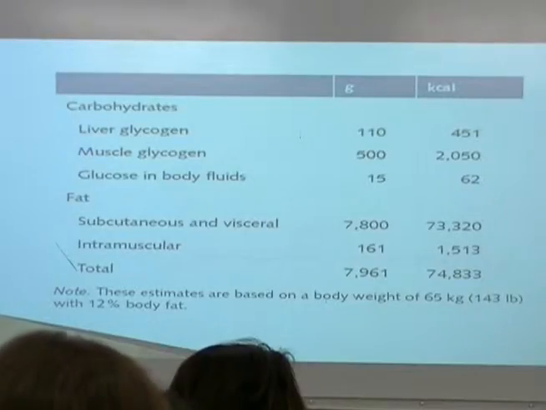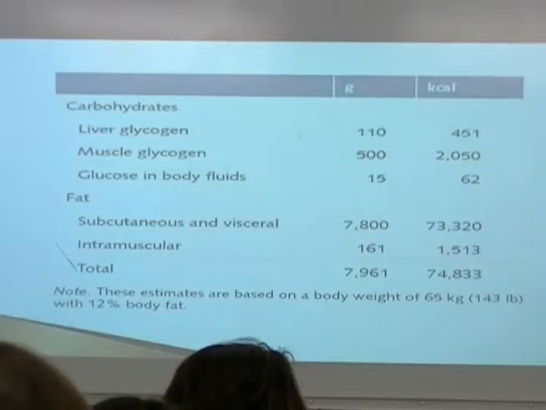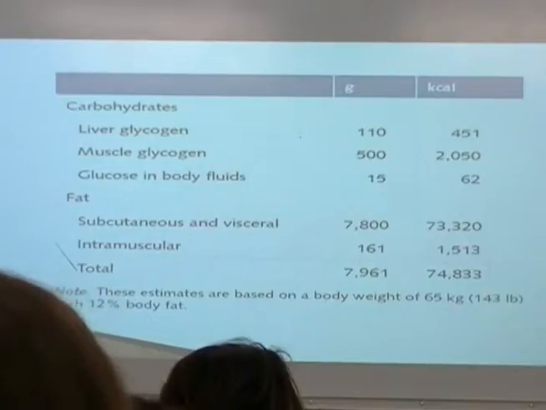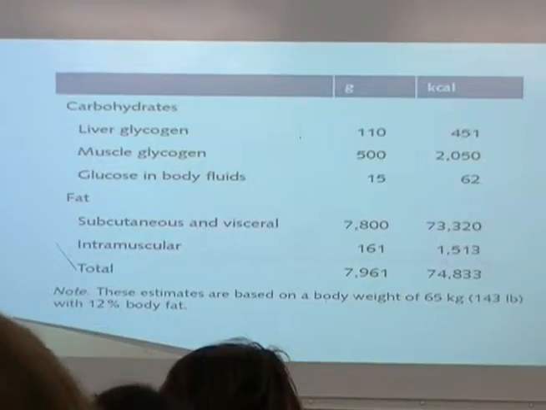So if we look at this table, it always amazes me every semester when we look at this table. So here are my carbohydrate stores, okay? In the liver I have about 110 grams, so about 450, 500 calories worth of energy stored as carbohydrate in my liver.